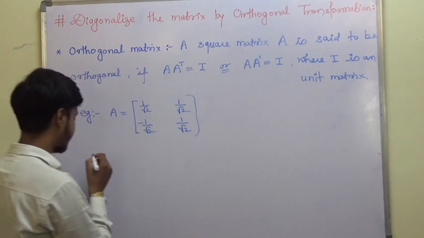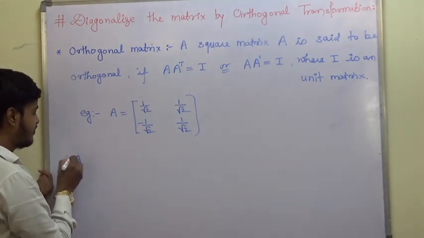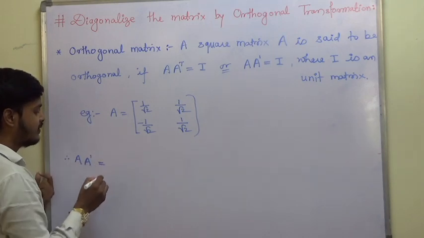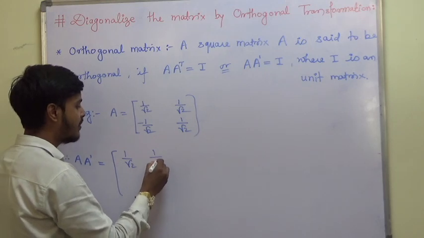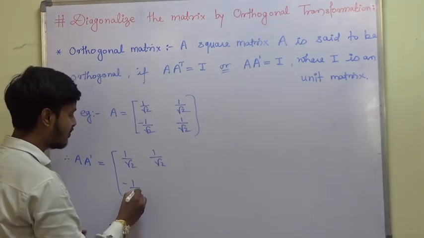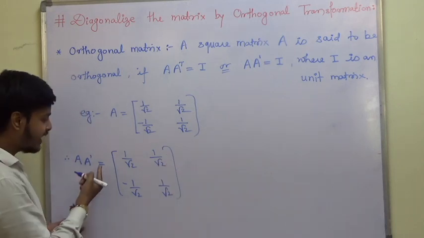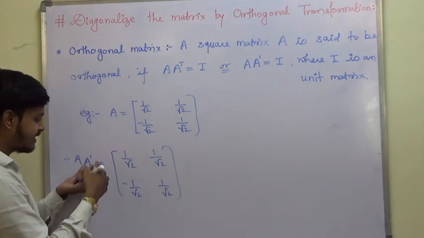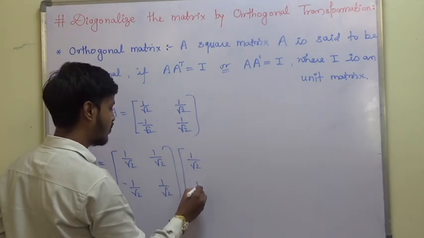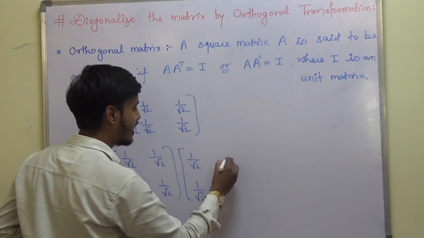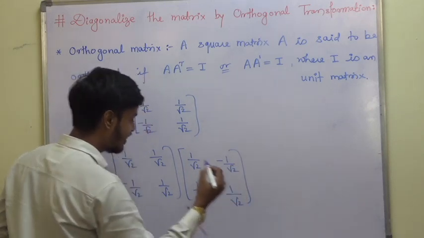For this A, A into A dash is equal to the matrix 1 by root 2, 1 by root 2, minus 1 by root 2 and 1 by root 2, times the transpose of this matrix, that is A dash: 1 by root 2, minus 1 by root 2, 1 by root 2 and 1 by root 2.